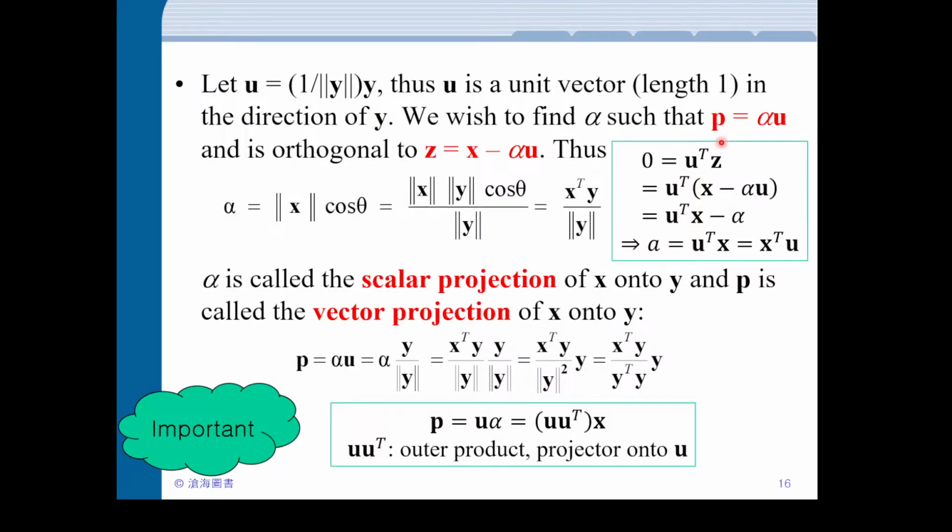First we have alpha, and u is the unit vector of y. We want alpha such that p equal to alpha u also gives z equal to x minus alpha u. Here we have two derivations. One is a bit of cheating. We have alpha equal to the length of x times cosine theta.